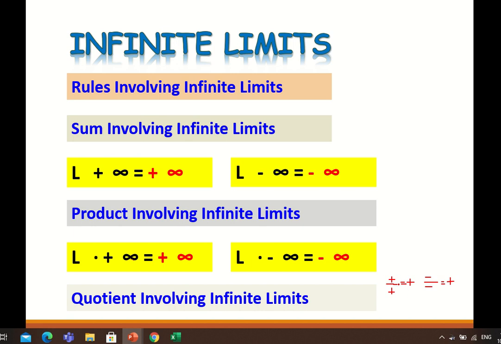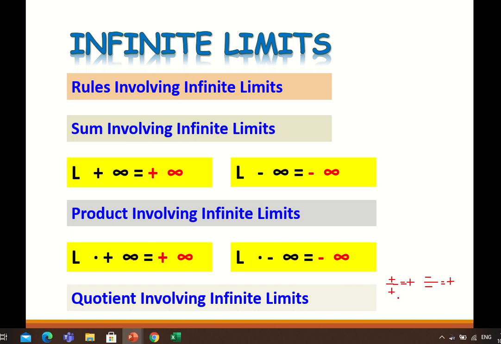In other words, if you have a fractional expression where the numerator and denominator have the same sign, whether plus or negative, but they are the same, the quotient is positive. For example, if the numerator is negative and the denominator is negative, when you divide, the result will also be positive. And of course, if you're dividing numbers of different signs, the quotient would be negative.